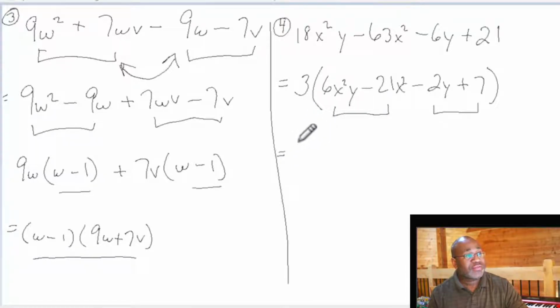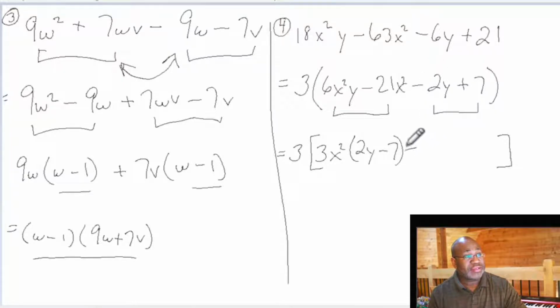Now, to avoid confusion, I'm going to use brackets for the outer grouping symbol, since we're going to be using common factors here. So now, in the first pair, we have 6x squared y minus 21x squared. Both of those terms have a common factor of 3x squared. So if we factor out the 3x squared, we'll have 2y minus 7.